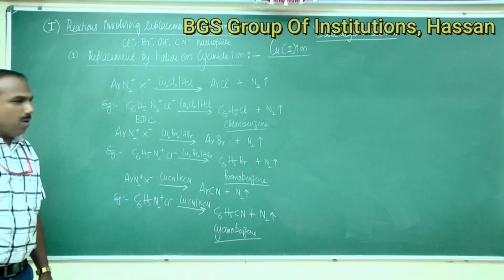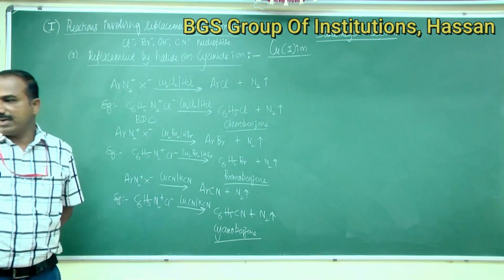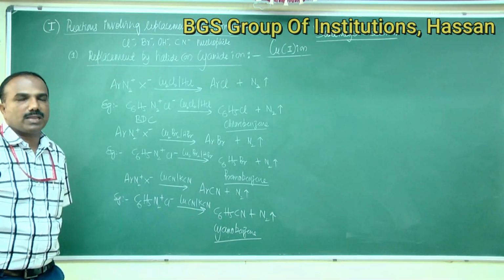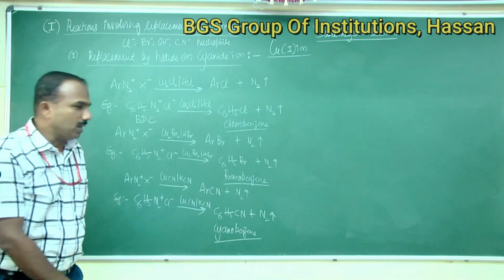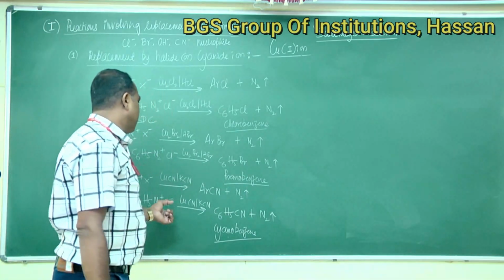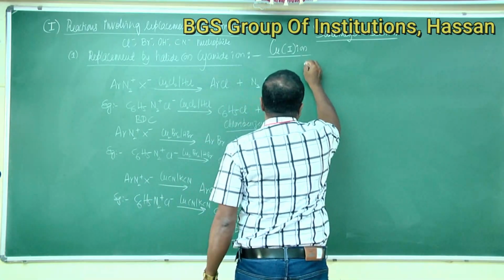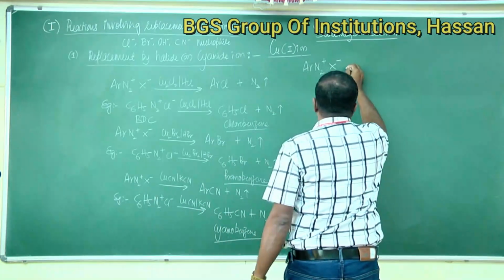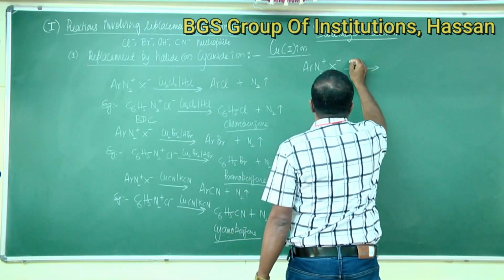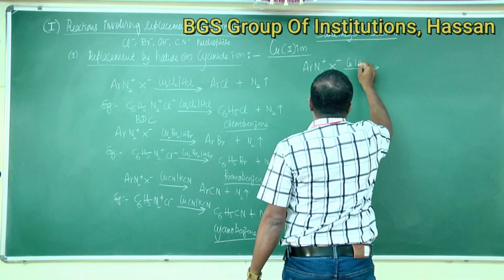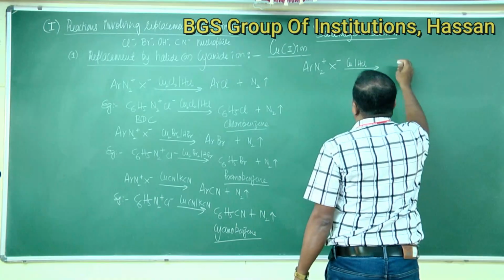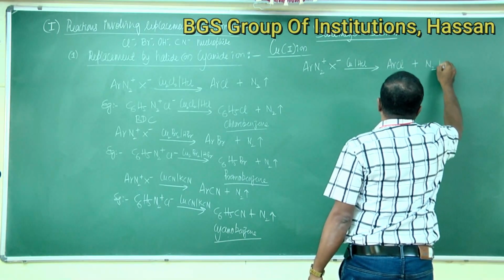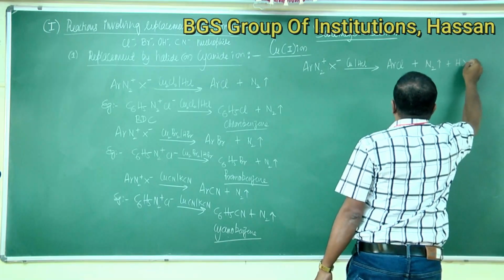Alternatively, the nitrogen atom can also be removed by using copper powder in the presence of HCl. That is, ArN2+X⁻ with Cu/HCl gives rise to ArCl plus N2 gas plus HX.